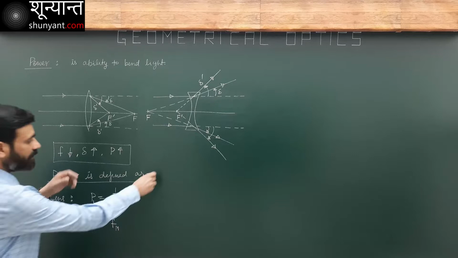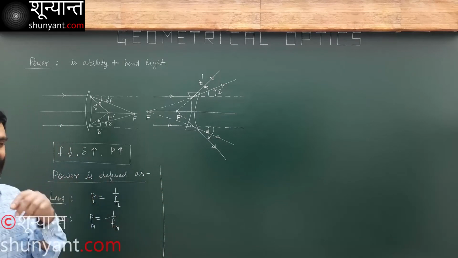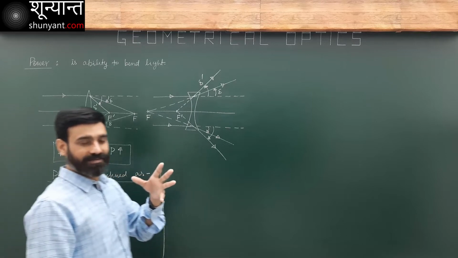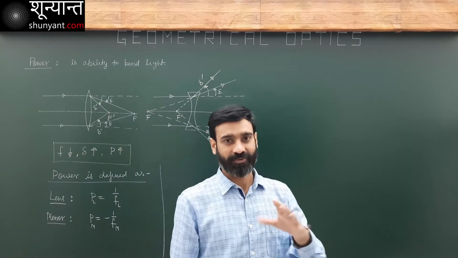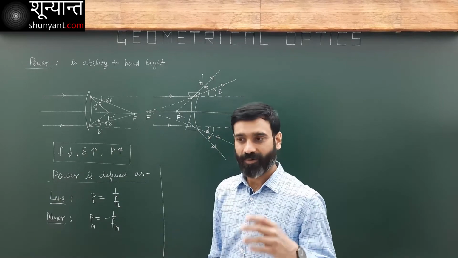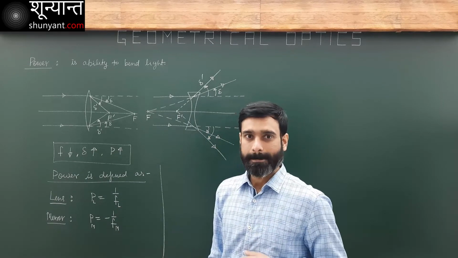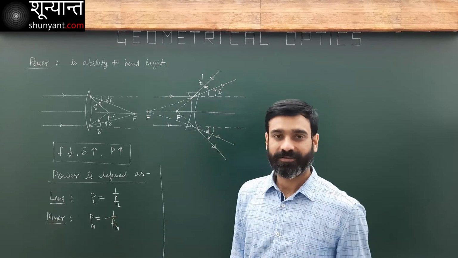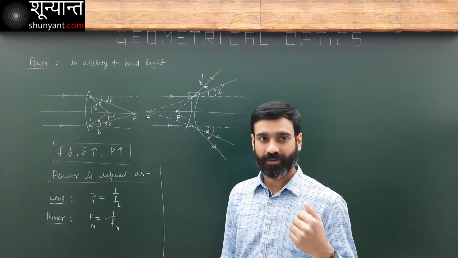In either case, let's see a very interesting thing. If the lens is a converging convex lens, focal length is positive. What is power? Power is positive. Now, a concave mirror. Try to recollect, try to remember.